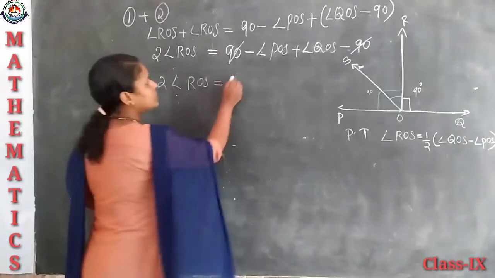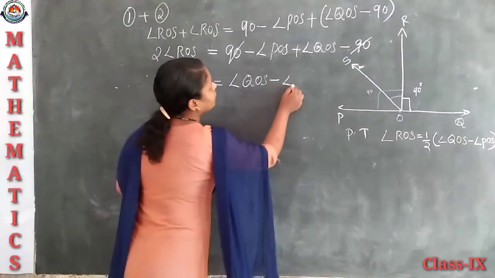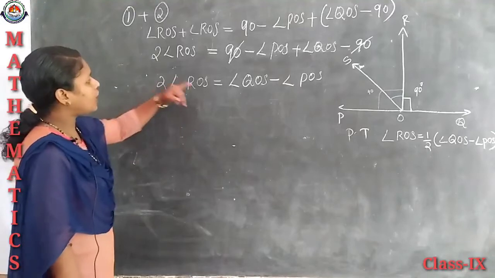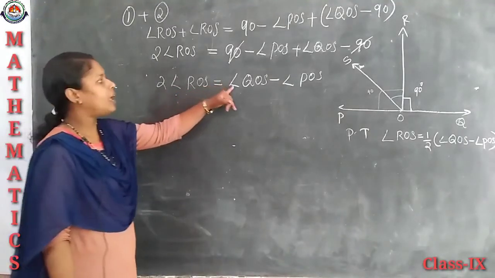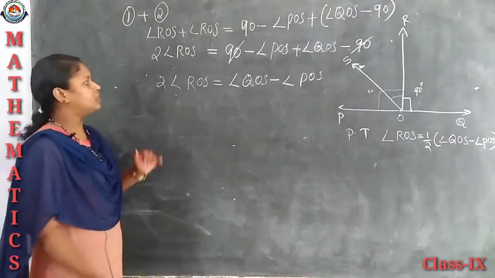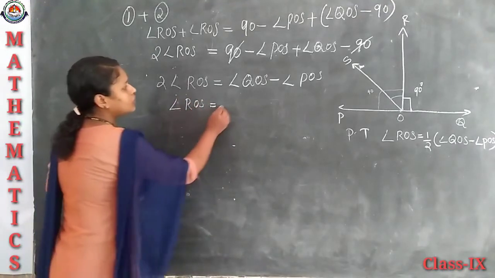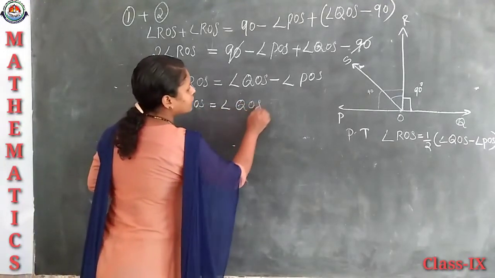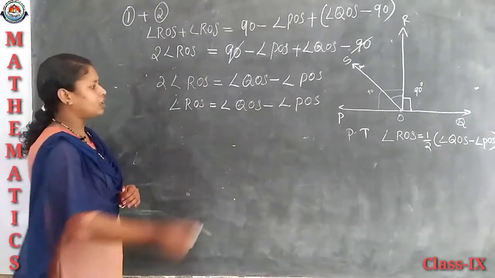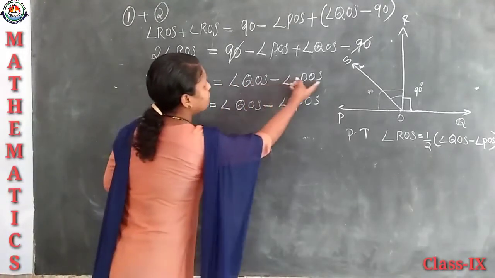So I am rewriting it as angle QOS minus angle POS. 2 angle ROS equal to angle QOS minus angle POS.